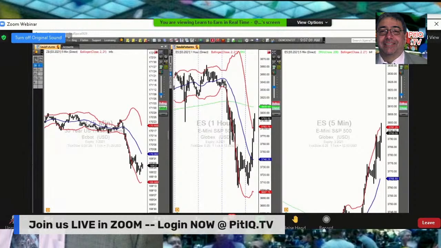Pretty amazing move here. So we got 14, 23, well, 14 above 01, 23 above that, and then 31, 41, and 53. So basically what they're telling us right now is yesterday's move, they were just joking.